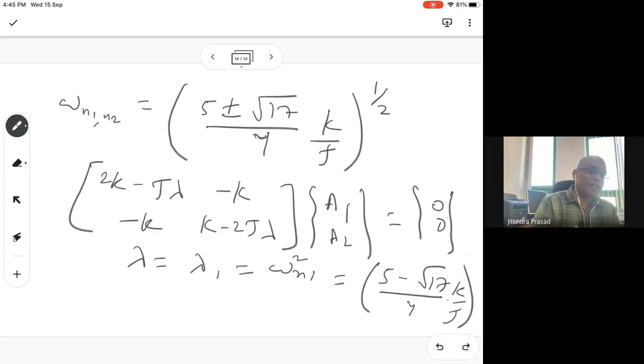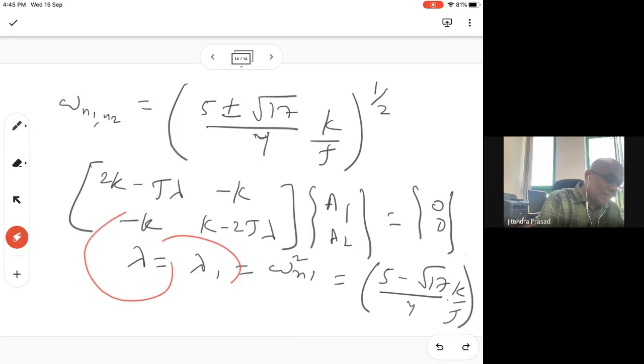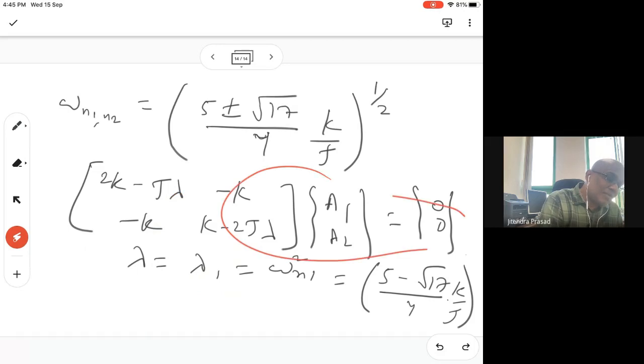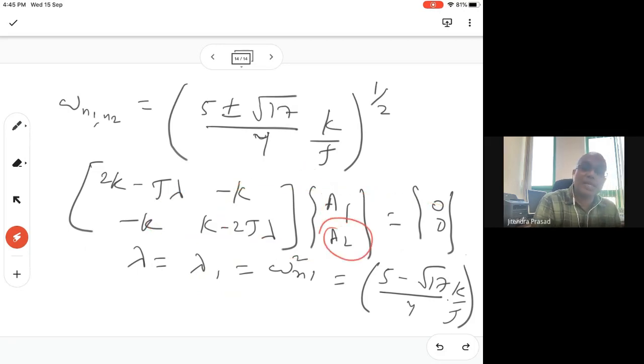Okay, so it will be like this. If we put this lambda value here, then after solving we will find a1 and a2. This will tell us the mode shapes associated with this frequency, meaning the values of a1 and a2.